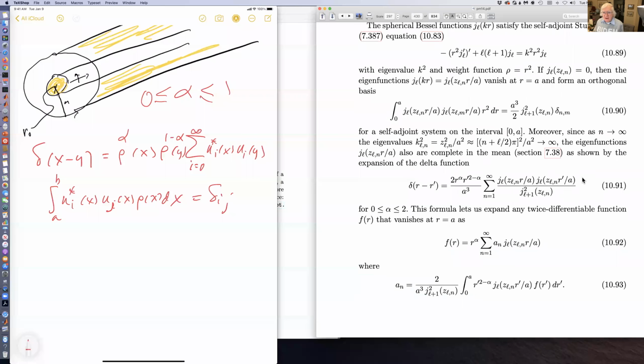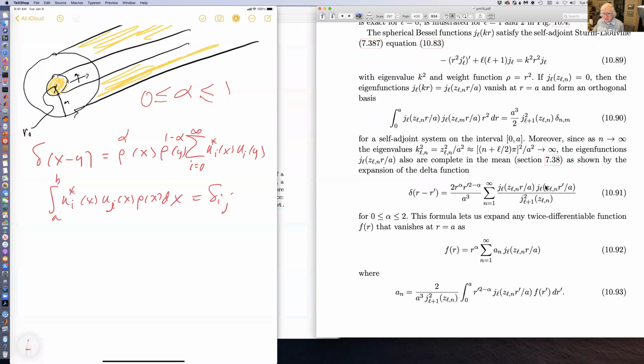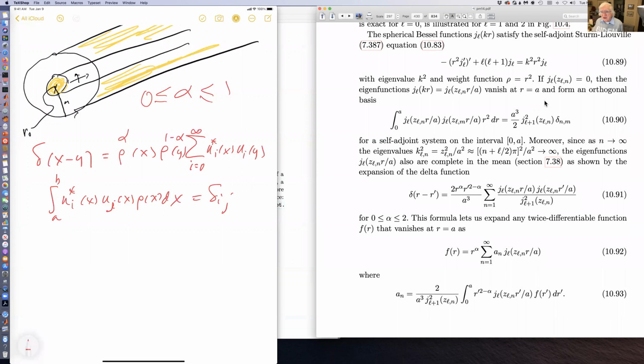So that means we can expand things in terms of a delta function. And here's our normalization, J_L. Now let's be a little bit careful here. We have here eigenvalue k squared, and the k in this case is z_Ln over a. z_Ln is the nth zero of J_L, which is stated here.